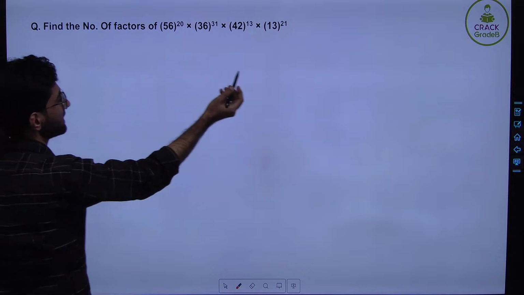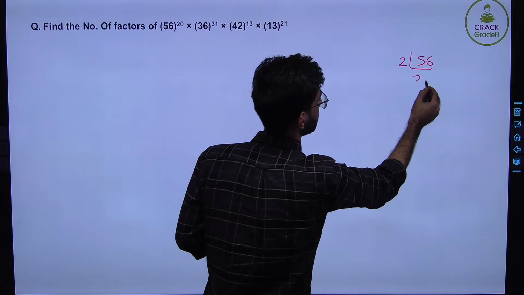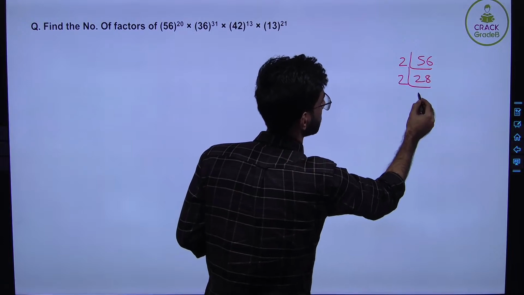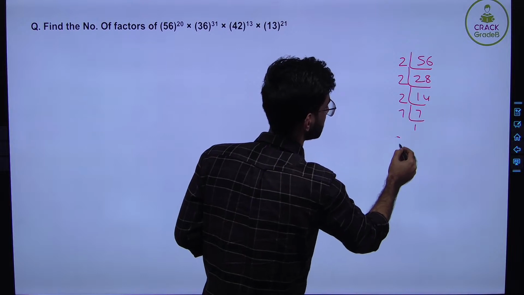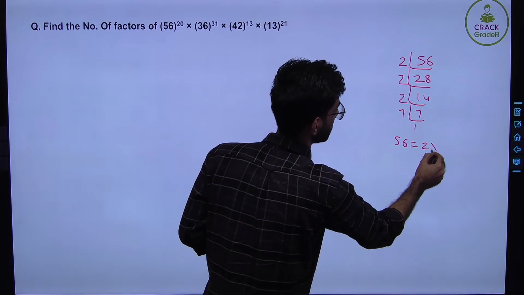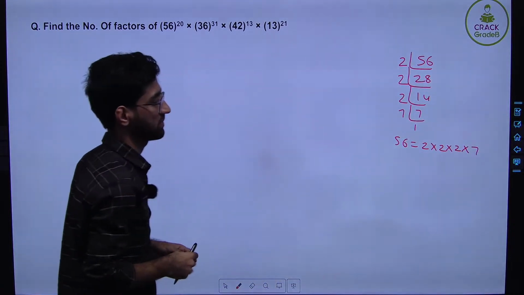We will have to write 56 as 2 into 28, 2 into 14, 2 into 7, right? Means 56 equal to 2 into 2 into 2 into 7.